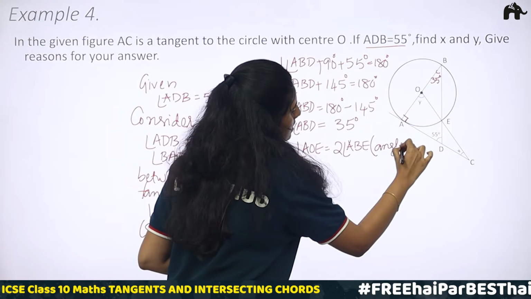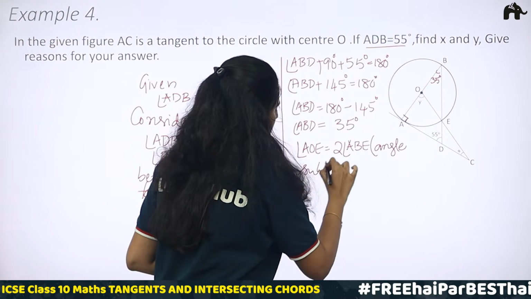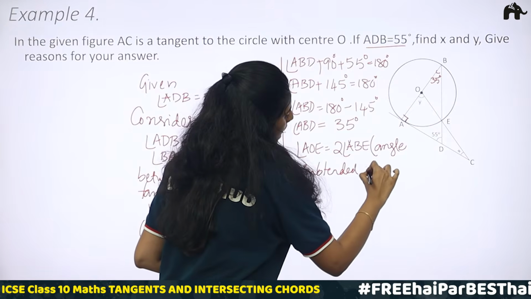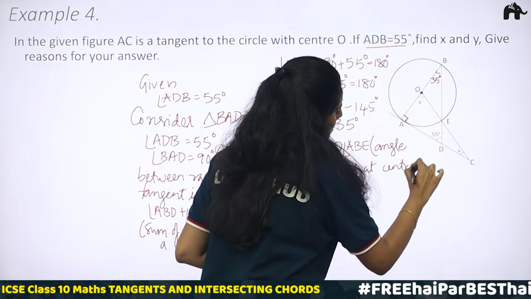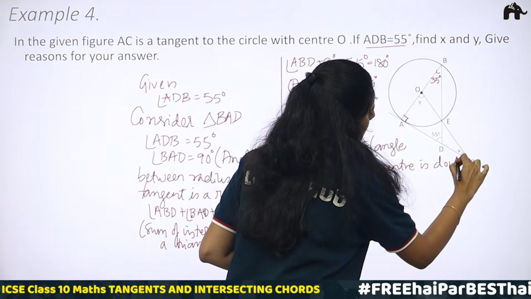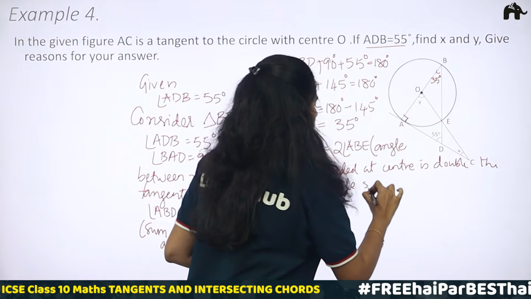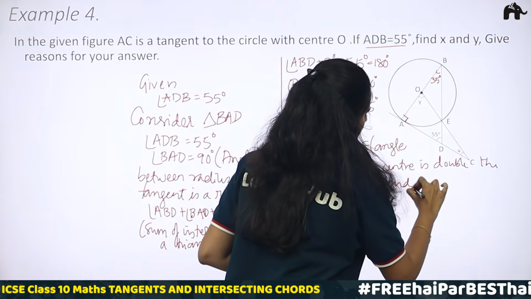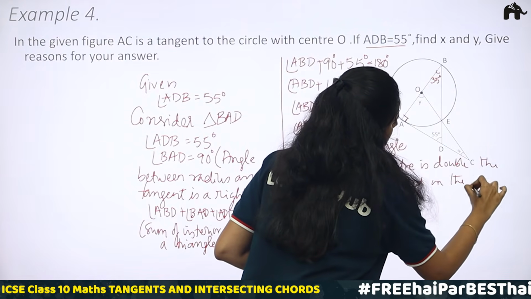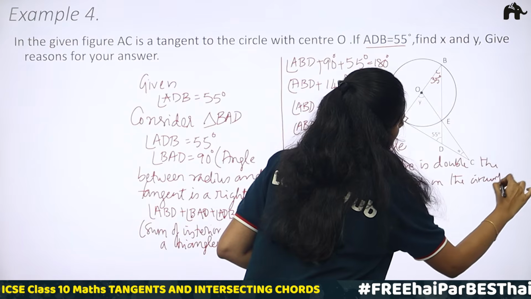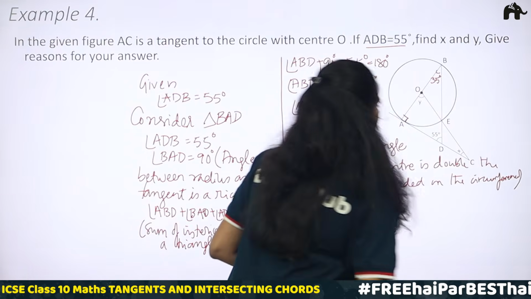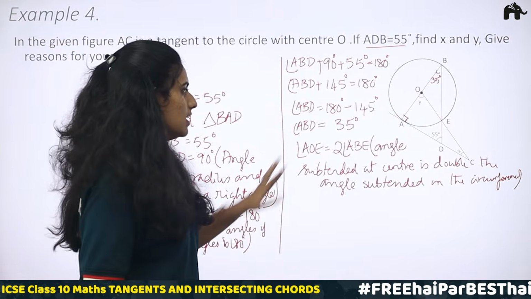The angle subtended at the center is double the angle subtended on the circumference.